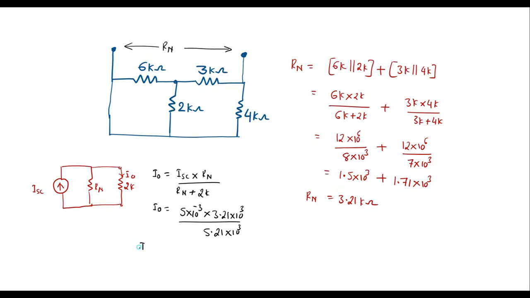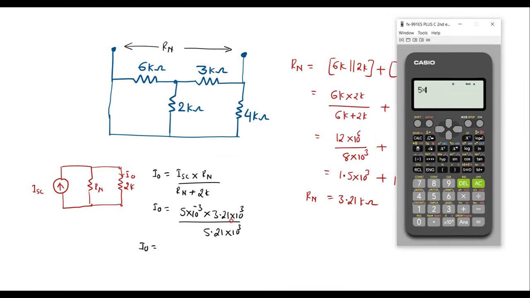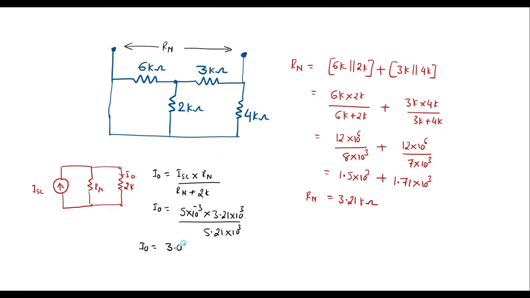Therefore simplifying this, I get I naught equal to 5 into 3.21 divided by 5.21, which gives 3.08, and the 10 power 3 on the denominator becomes 10 power minus 3 in the numerator. So I naught will be 3.08 milliamp, that is 3.08 into 10 power minus 3 amps. So this is the current flowing through the 2 kilo ohm resistor, or I naught.